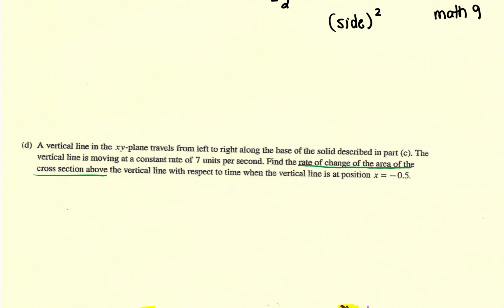So they want us to find the rate of change of area. That means they're asking us to find the derivative. So we want the derivative with respect to time of the area from part C. We know that the area of part C, remember that was the side of a square, and it was f of x minus g of x.